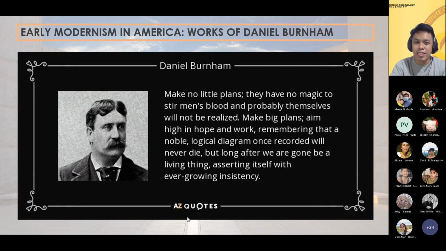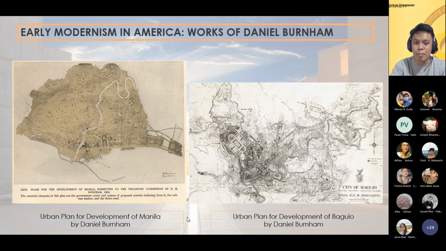And aside from being an architect, Daniel Burnham during early modernism is also a well-known urban planner. So actually he made an urban plan for Manila and Baguio, but it did not continue because of political issues. And if it had continued, I think NCR would really work properly.